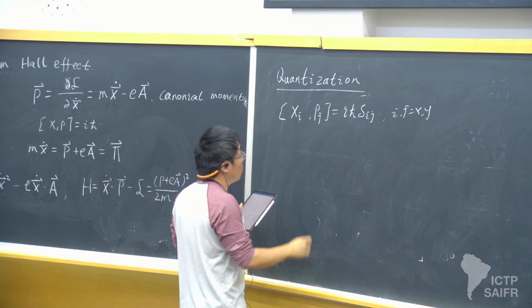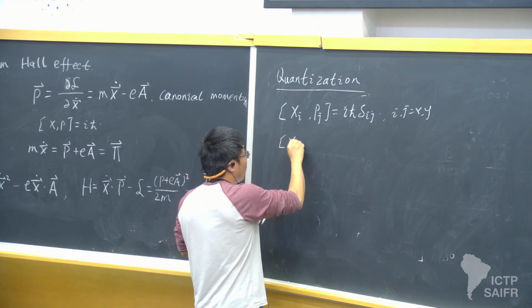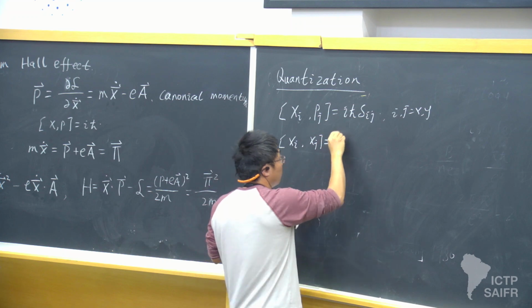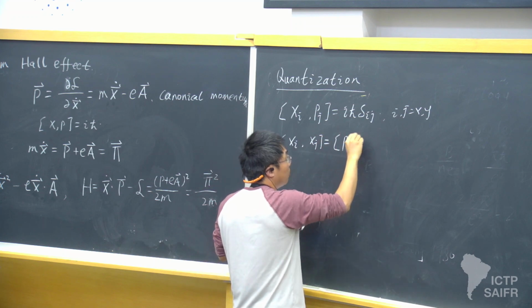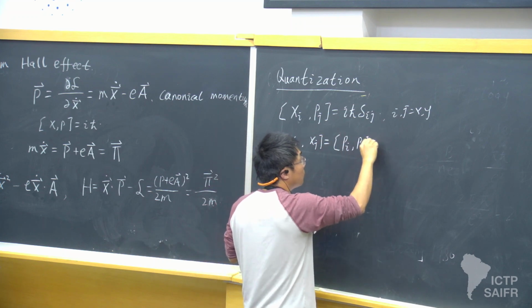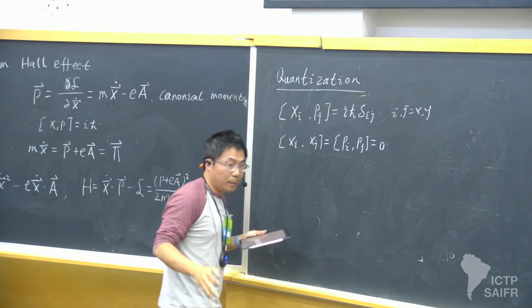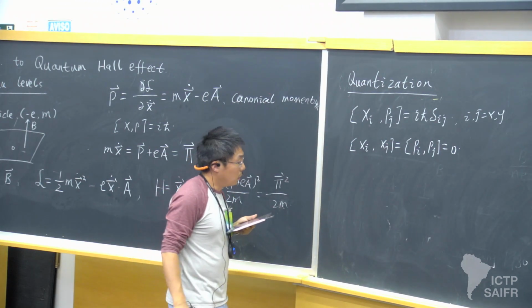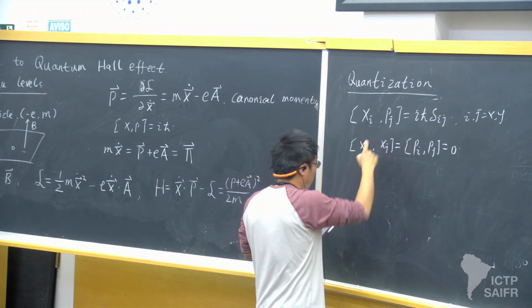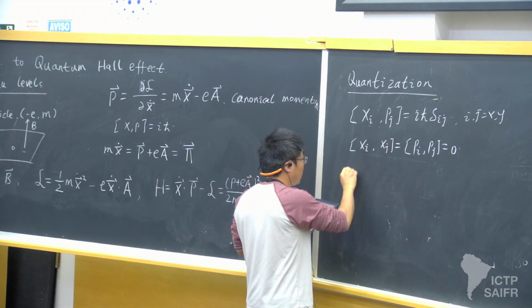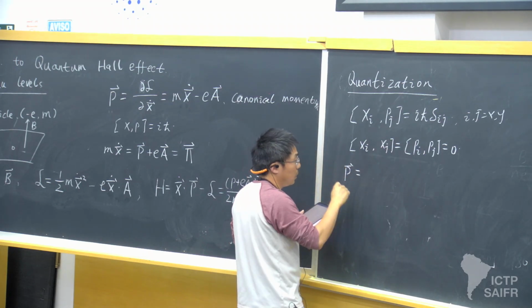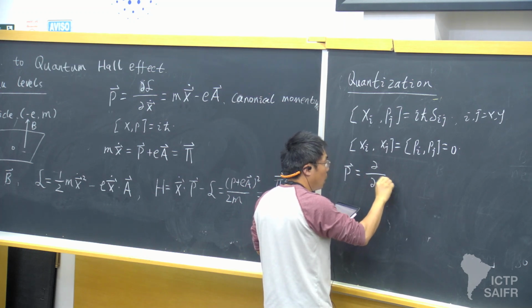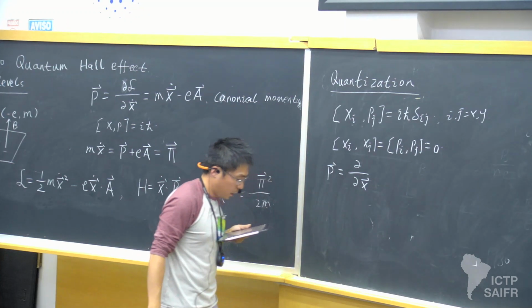And we also know that the coordinates as well as the momenta commute among themselves, right? That's basic quantum mechanics that we learned. So now you can rewrite this canonical momentum just as the derivative with respect to my coordinates.